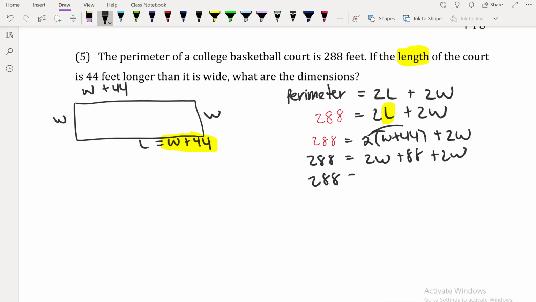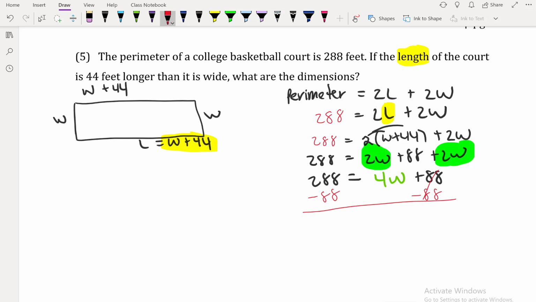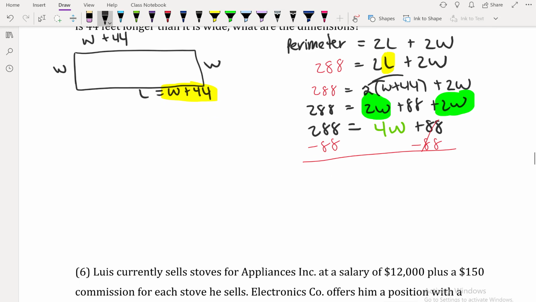So 288 is equal to 2W and 2W, which I combine to give me 4W plus 88. Then from here, I'm going to subtract 88 from both sides. So now I have 200 equal to 4W.